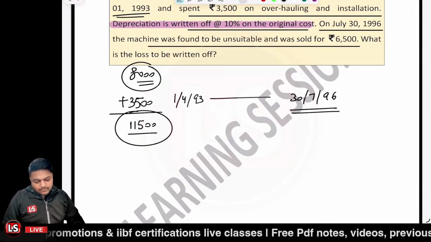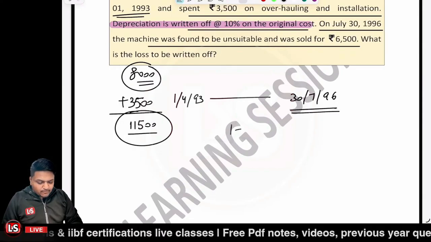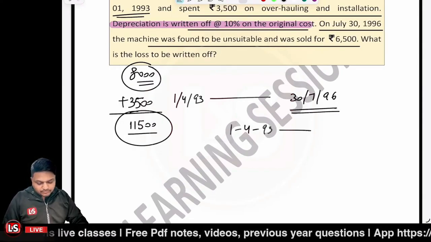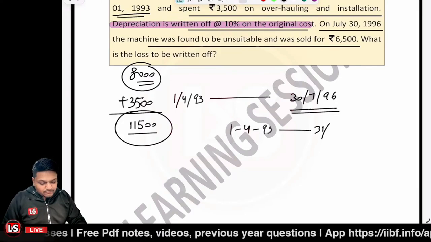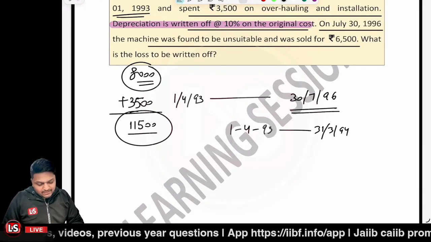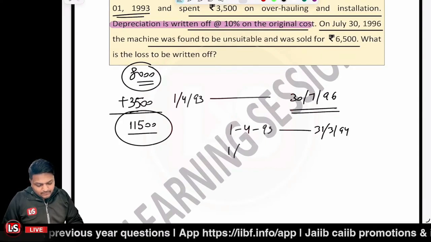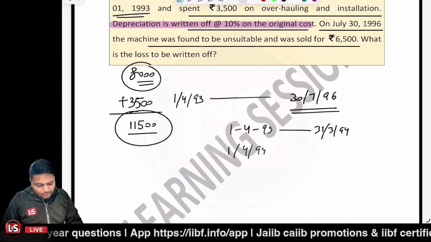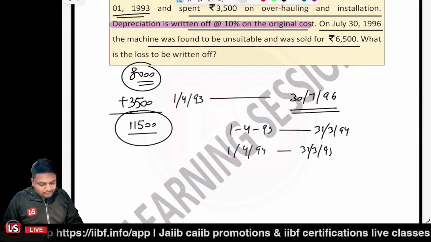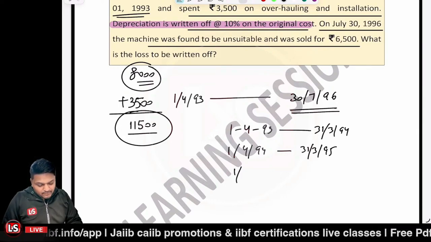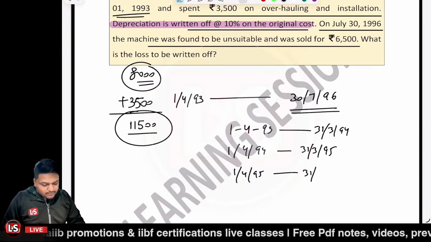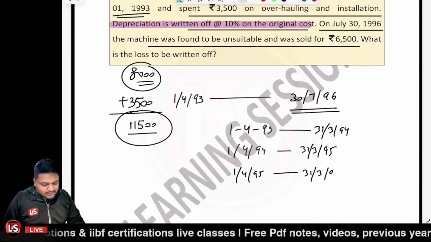Okay, so the first year would be from the 1st of April 93 to 31st of March 94. Then the next year would be 1st of April 94 to 31st of March 95. Then 1st of April 95 to 31st of March 96.